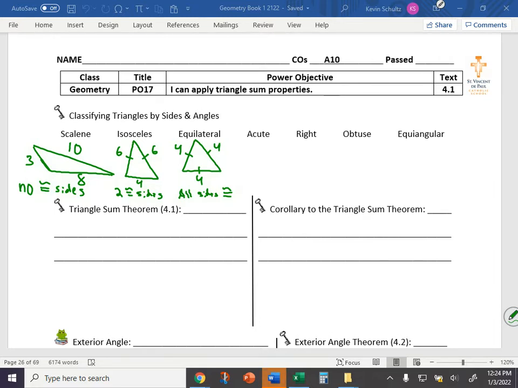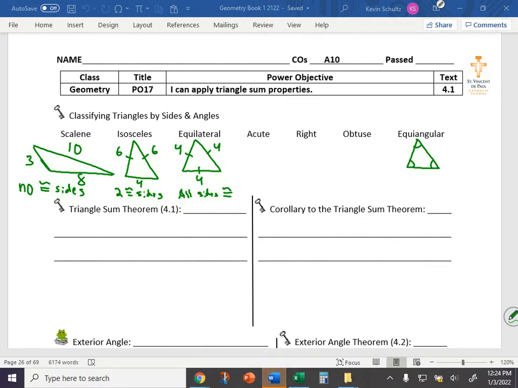And then which other triangle goes hand in hand with equilateral? Where if you have an equilateral, you also have an, James? Equiangular. So it's the same picture, but since we're talking about angles here, you can use the markers, the arcs in each corner, to show that all angles are congruent.